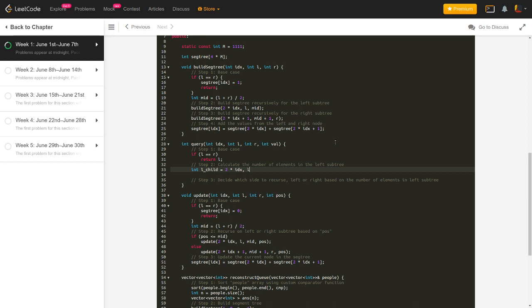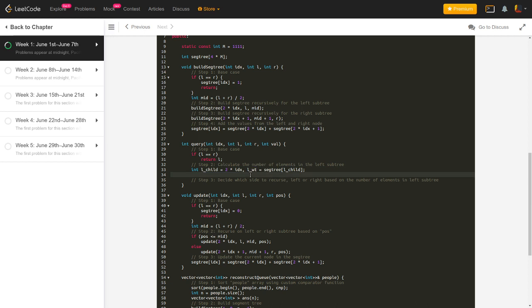And let's have L weight equals sec tree of L child. So I've stored the index of the left child in the variable L child, and I'm storing the weight of the segment tree of the left child in the variable L weight.